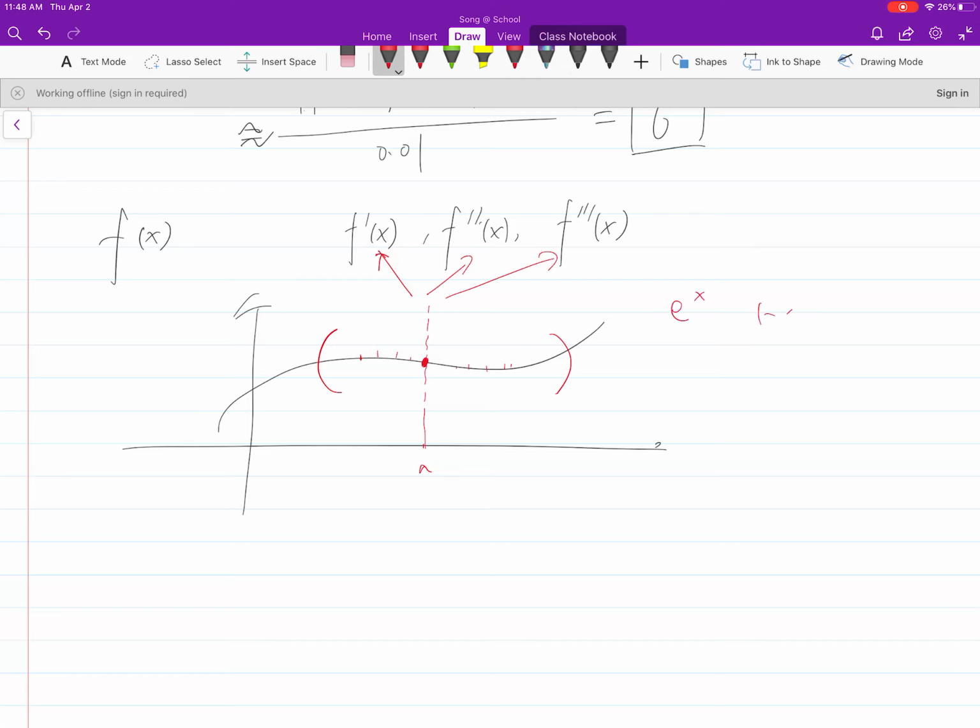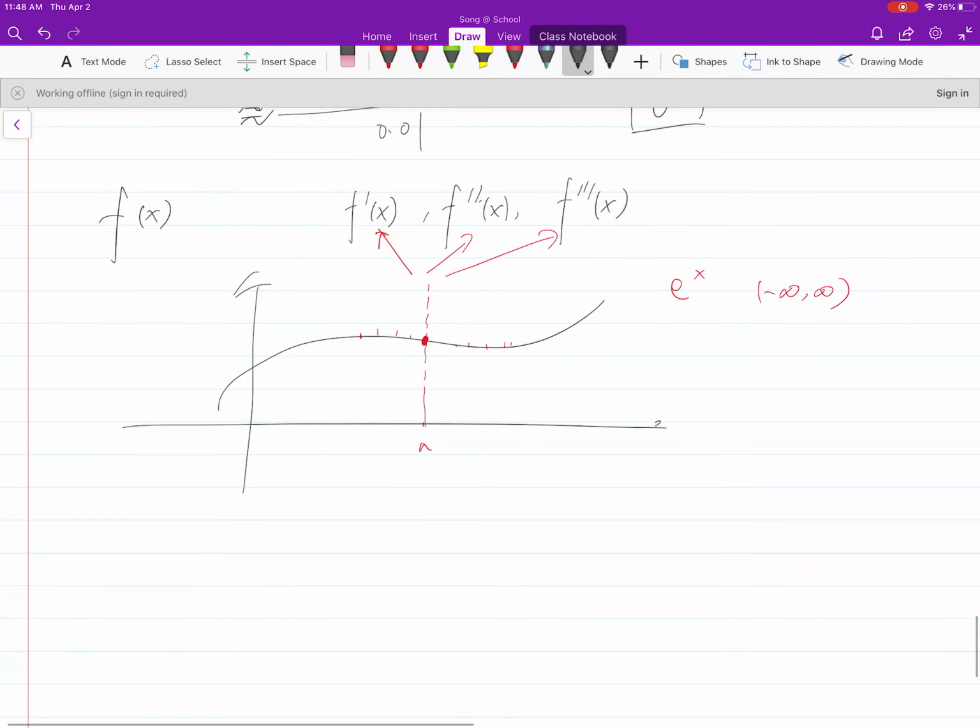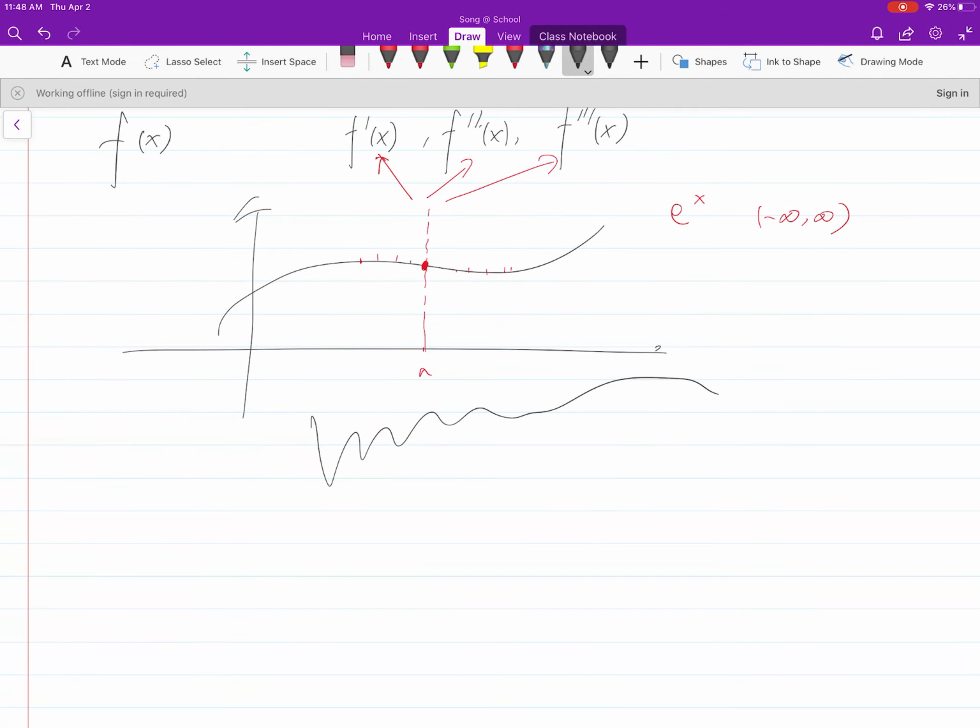Okay? If the original function is really nice, like e to the x, the interval of convergence is going to be infinity. That means for e to the x, if you know a single point, you will know everything that happens to this e to the x from the beginning of time to the end of time.